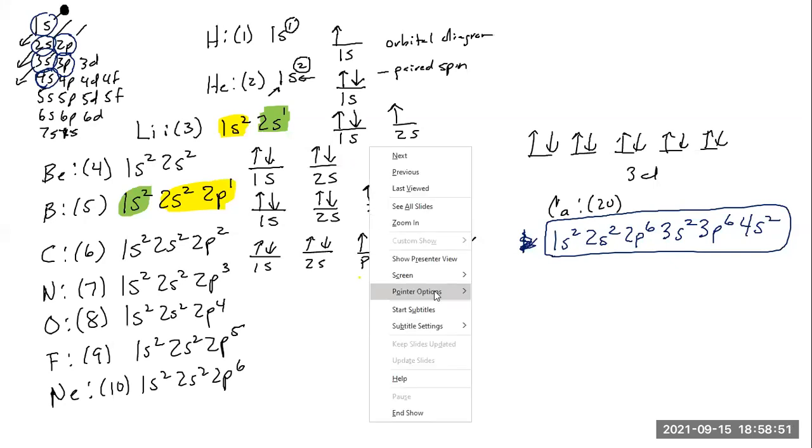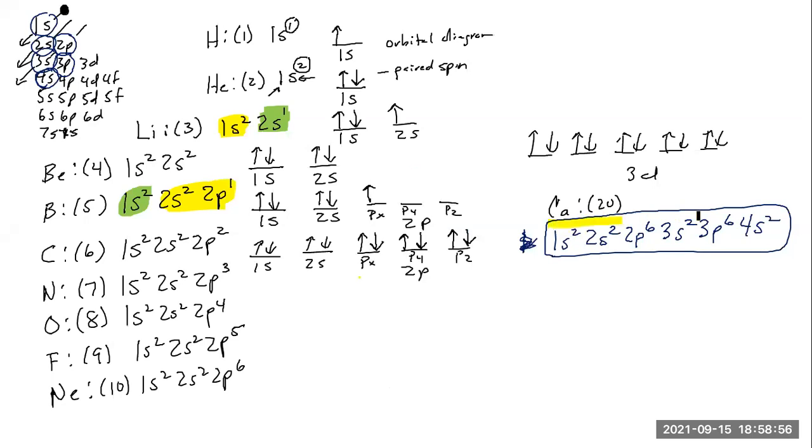Now, just to end with this, if we look at this configuration up to this point, how many electrons is that? If we count up the top numbers, 2, 4, 10, 12, 18. If we look at the periodic table, 18 is argon's configuration. So we can do a shorthand where we put argon in brackets, and that implies argon's configuration.